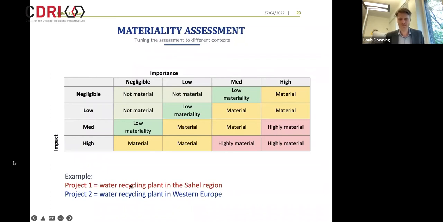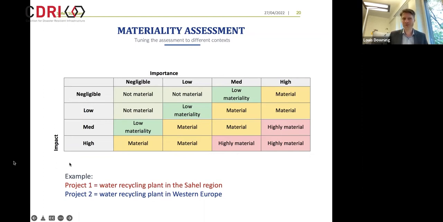And just as an example, a water recycling plant, it could be exactly the same project. If it's built in Western Europe, where currently water stress is much less of a problem than somewhere like the Sahel region, then you might say the importance in the Sahel region is high, but the importance in Western Europe might be medium or low, depending on where it is.